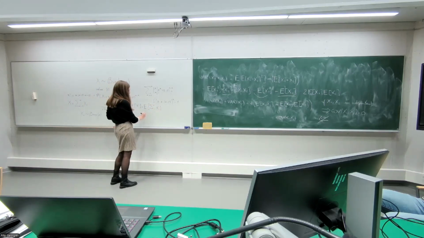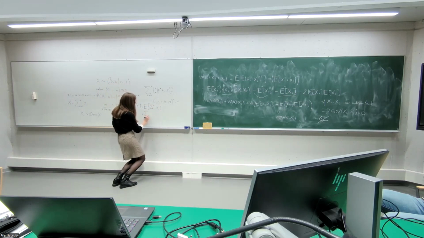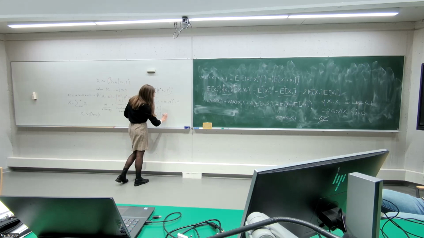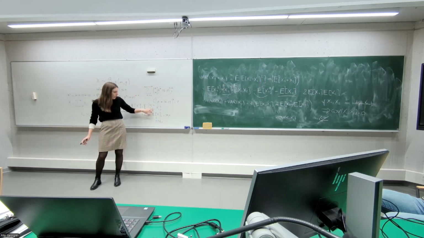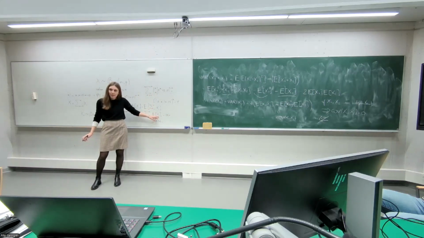All of these behave the same, and this is equal to p for all i. So I have n times p as the average. For this, I don't need independence because I'm just using the linearity of the average and the fact that they all have the same distribution.